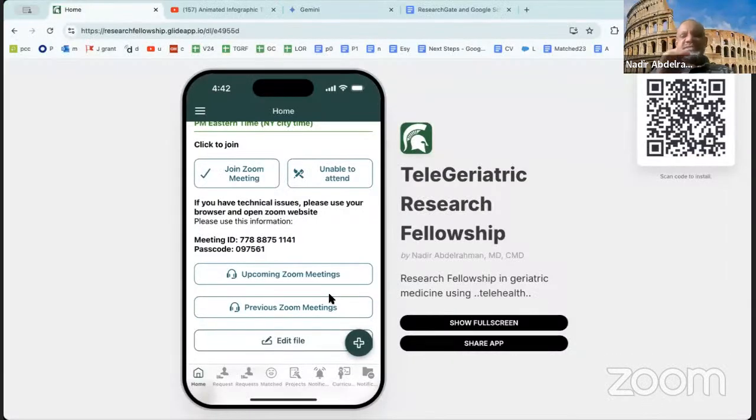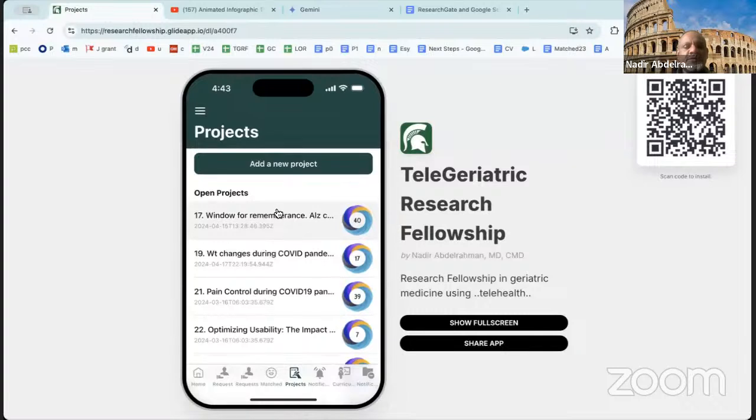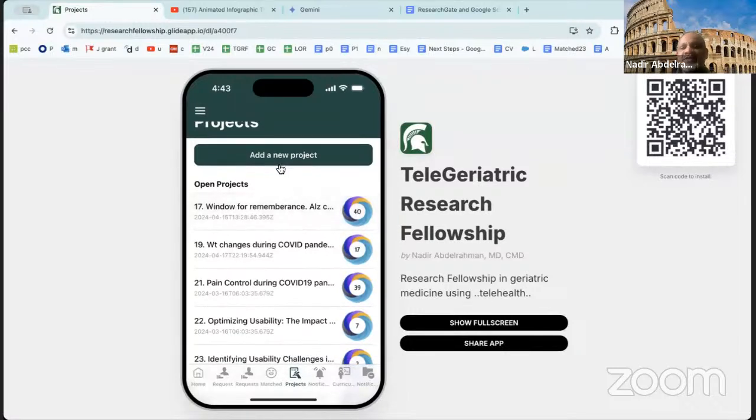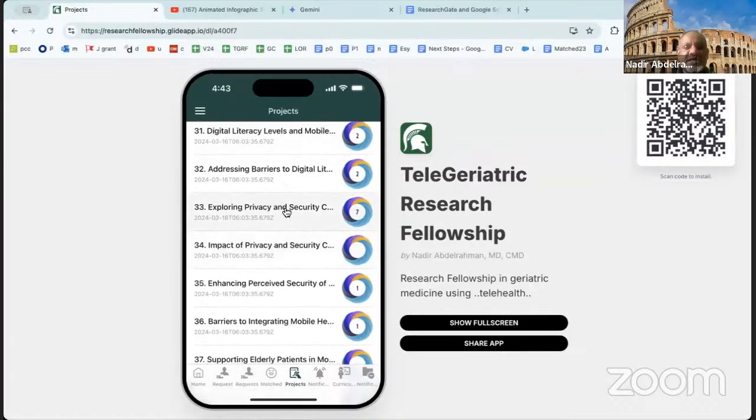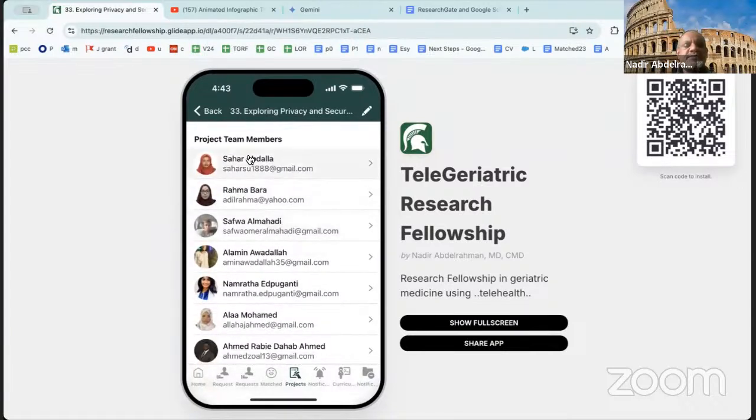Yeah, that's absolutely fine. It's just a technical back-end thing, but usually what you're going to see here is the home, then there is a question about requesting a letter of recommendation. In the middle, you will have some projects. If you hit on it, it will start listing all the available projects. You can add a new project if you have some ideas. If you want to join any of these, you can hit any and then contact the people who are in this group, and see who will be the leader for that project.